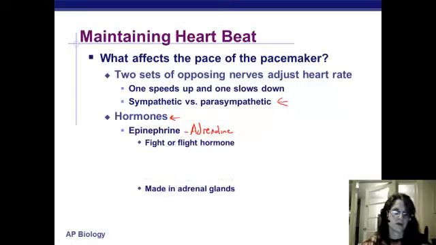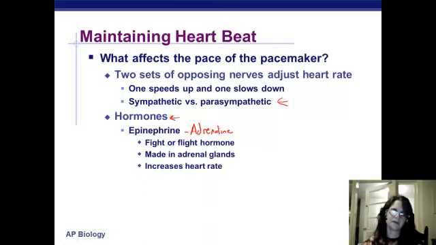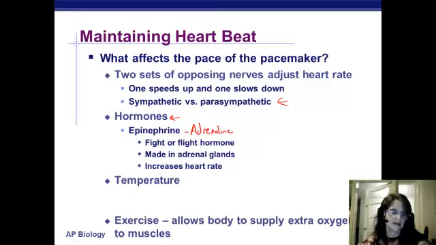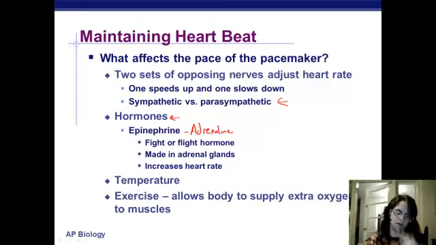The fight or flight hormone, made in the adrenal glands, but will increase heart rate very fast and dramatically, because if you're secreting adrenaline, you figure you're running for your life, so we need energy. Temperature can affect heart rate. Exercise, of course, is going to increase heart rate. So all kinds of things can affect the rate at which that heart is going to beat.